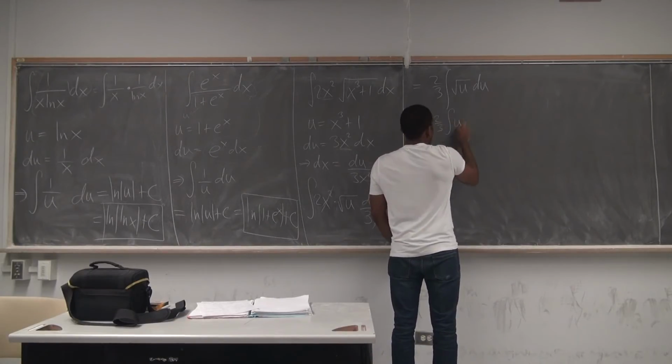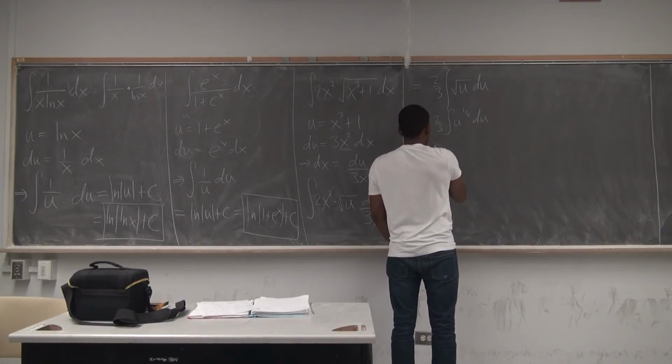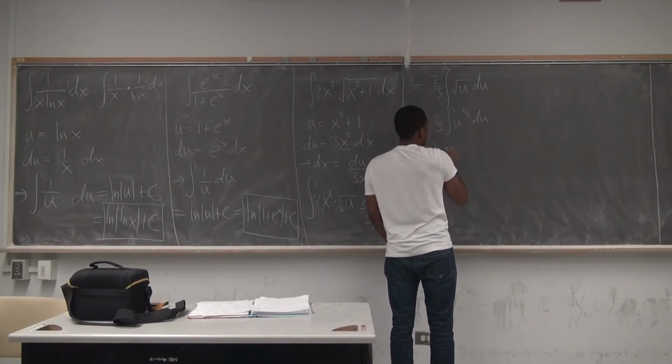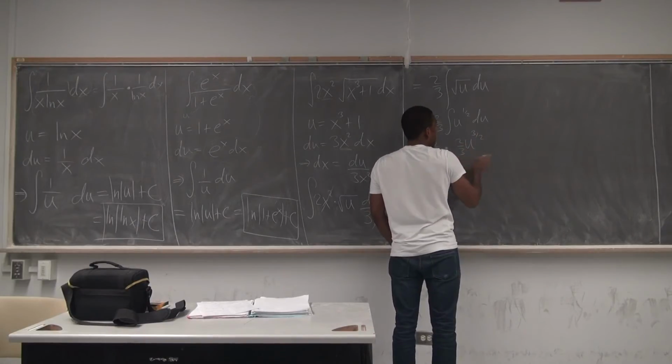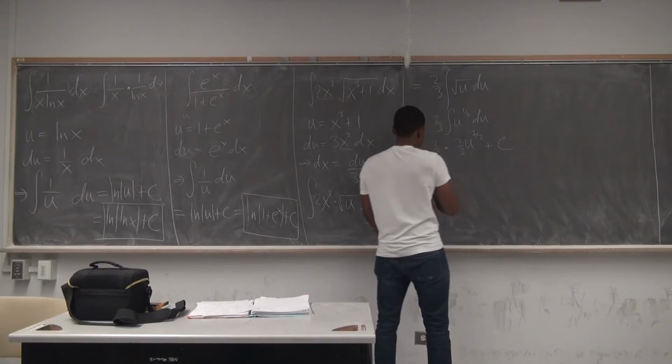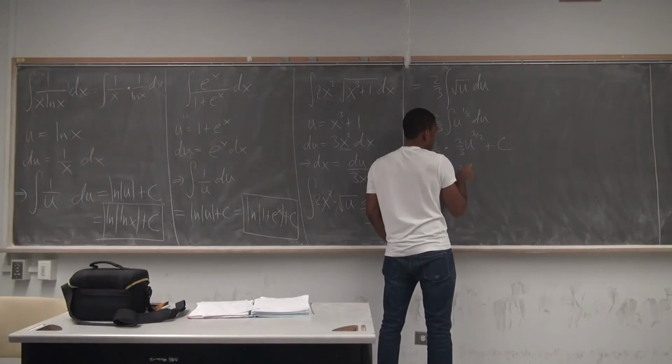Just remember that that's u to the 1/2. It's just the power rule. So I have this 2/3 here. Then from this one, take u to the 3/2 times 2/3. That's 4/9 u to the 3/2.